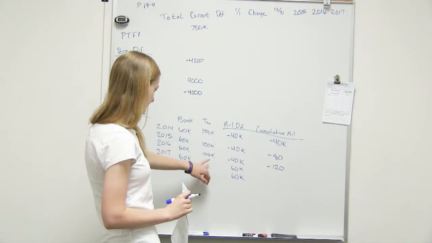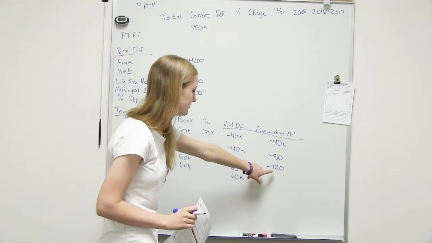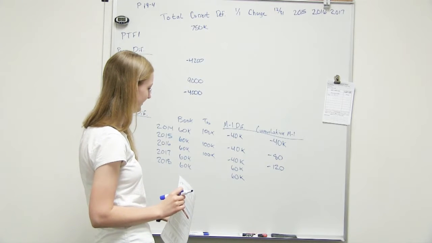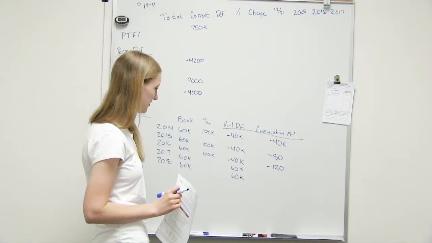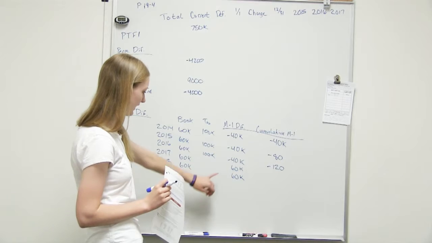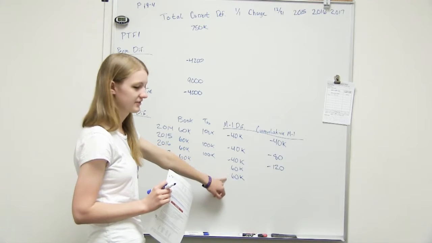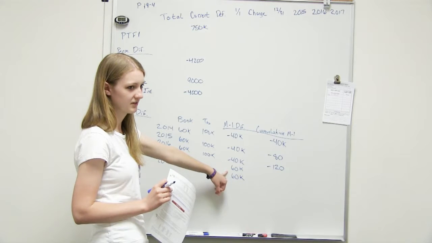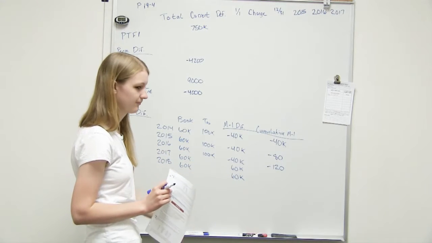So here you can see that in our cumulative M1, we have negative 120,000. And in the next 2 years, this is going to be a positive 120,000. So they're going to net to 0.